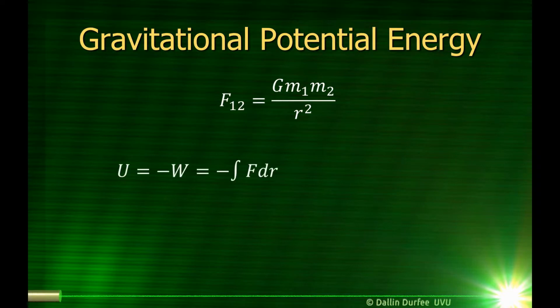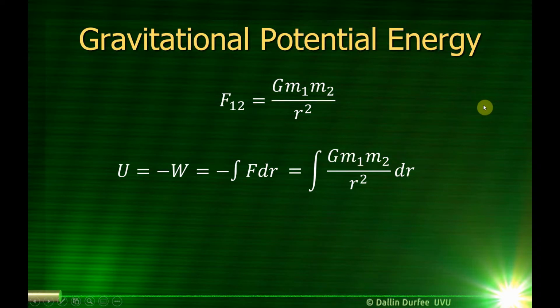So remember, you find potential energy by finding the negative of the work done by the force, and the work done is just the integral of force times distance. So if we take an object and move it away from the Earth, the force of the Earth is this, and of course the displacement, as we move it away from the Earth and give it more potential energy, is in the opposite direction from the force, and so we lose that minus sign right there.